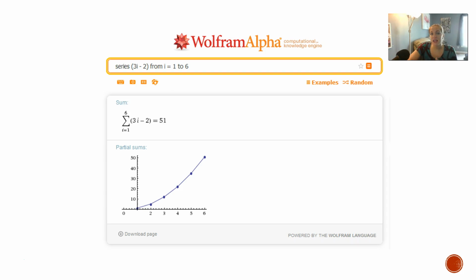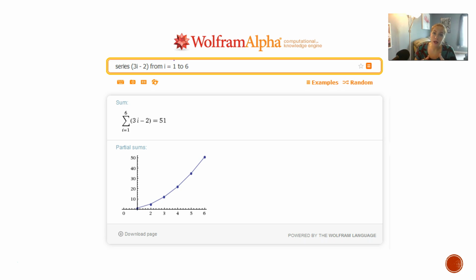There is a way to calculate it in Wolfram Alpha if you're not familiar with it. If you go to Wolfram Alpha, in the box you can type series, then the rule for that series, here 3i minus 2, and then translate your summation, from i equals 1 to 6.